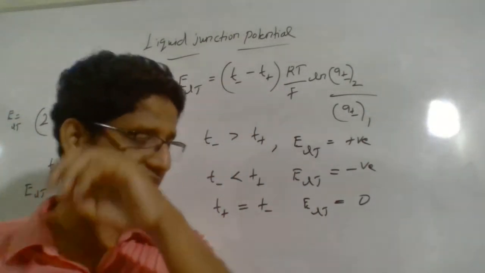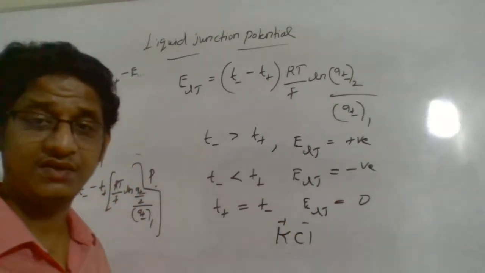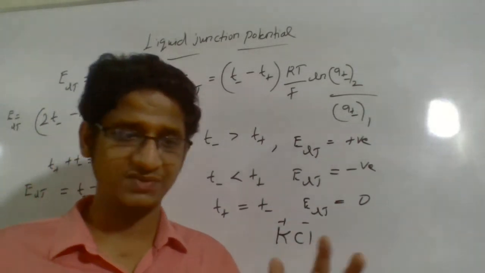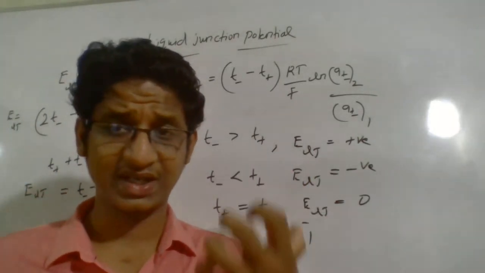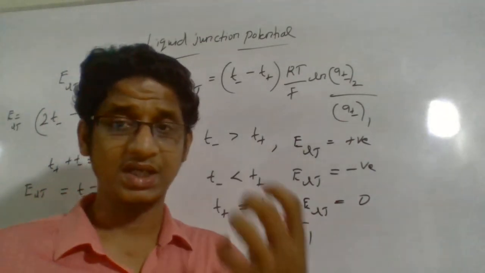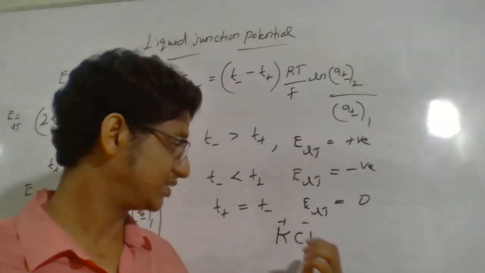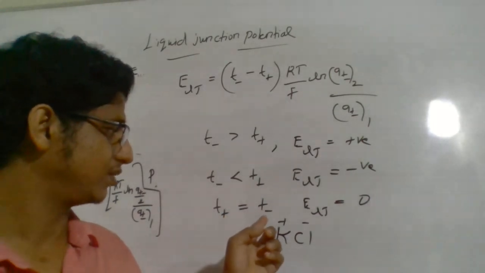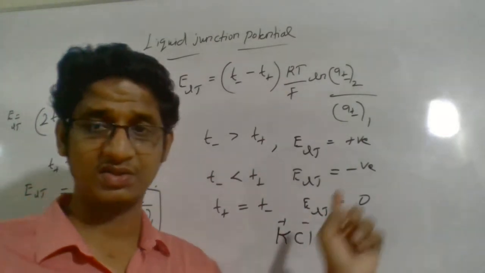Inside, we generally take an electrolyte like KCl, where K+ and Cl- have similar transport numbers. So if the two half cells are separated by an electrolyte like KCl, the transport number of K+ will be equal to the transport number of Cl-, which means you can avoid the liquid junction potential.